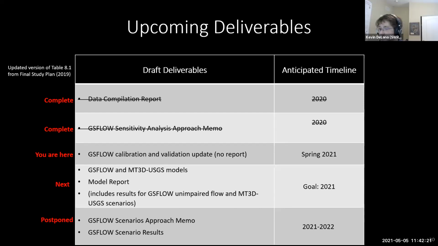Yeah, and the comment period for the draft models and model report will be 60 days long, and will include a 2-day local training event for local modelers to learn how to use the model. So our goal is to train our local experts during the comment period, hopefully near the beginning of it, and then they can learn how to use it, and then also provide comments.